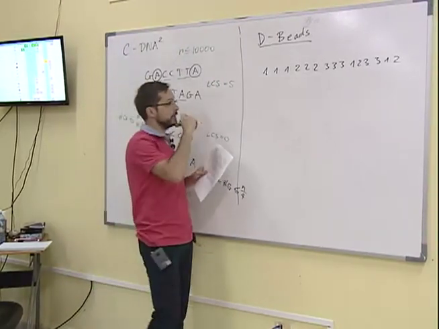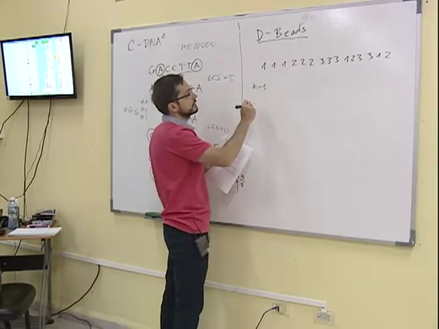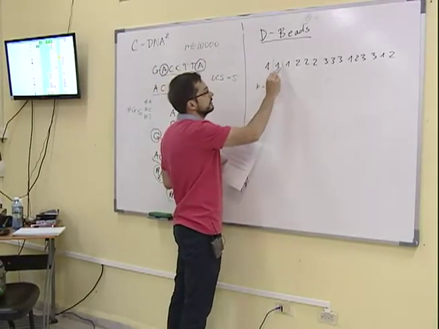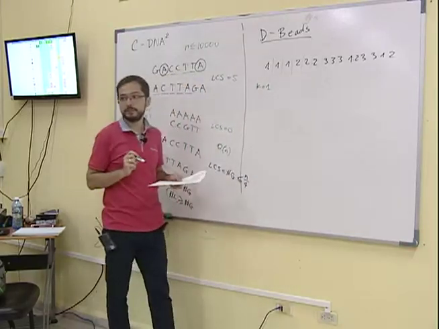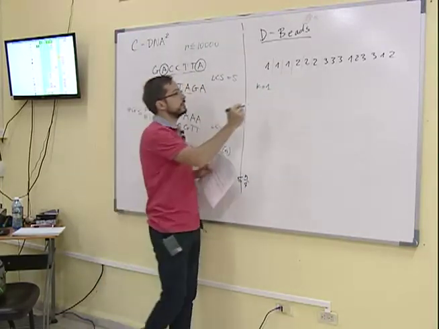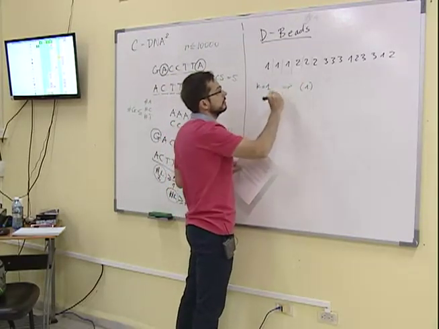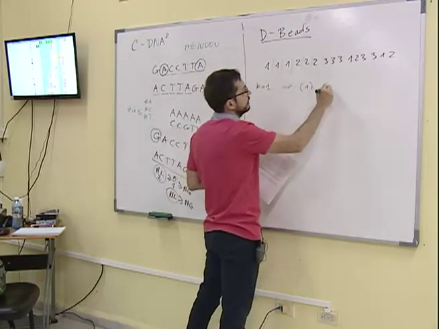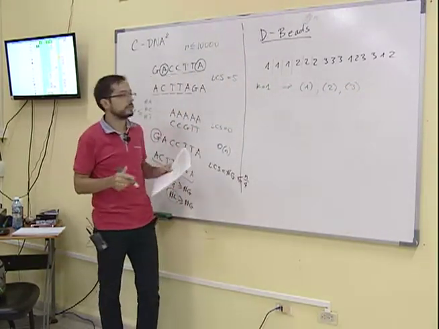So for instance, if we have k equal to 1, then we will just partition this string into pieces of length 1. And what kind of pieces can we get? Well, we can get piece 1, we can get 2, and we can get 3. So nothing interesting here, all right?